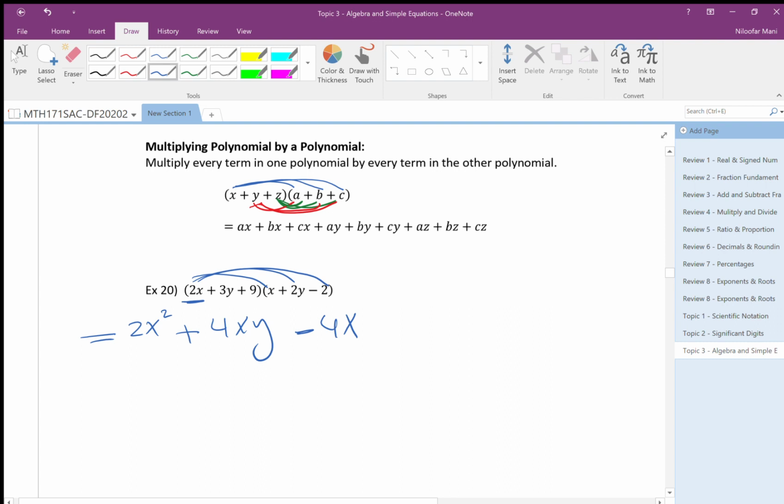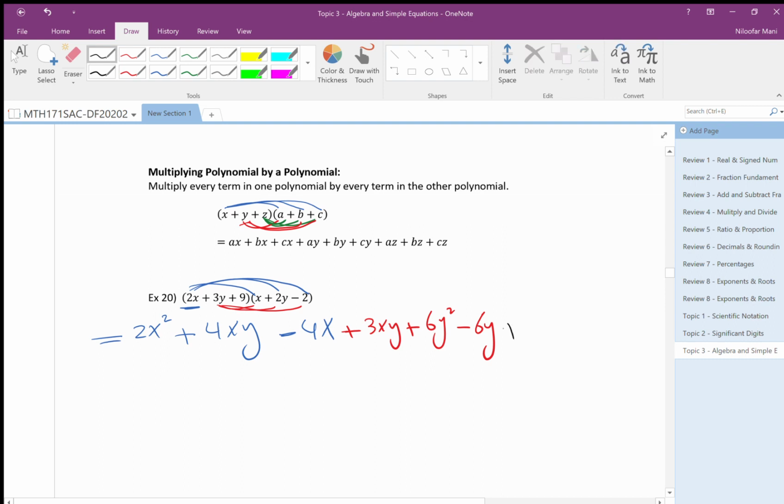Then I change the color and I do plus 3xy plus 6y squared and minus 6y. Now I change the color to black maybe, and I do plus 9x plus 18y and minus 18. So I multiply this and this.